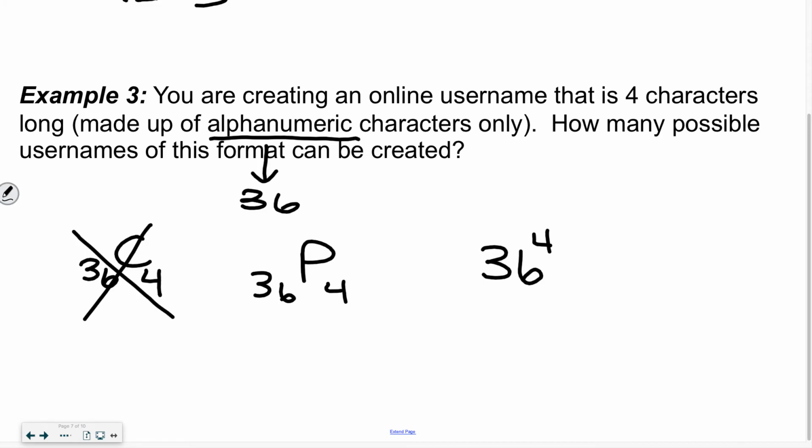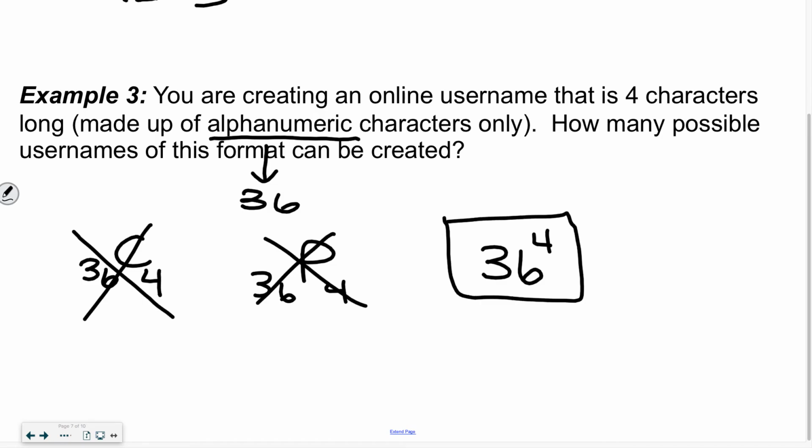Now, permutation, 36 items chosen 4 at a time, or 36 to the 4th. You could do the same. Are you allowed to have the same number or letter in your username? Yes. Most likely. So we don't want to choose 36, pick 4. That means 36 times 35 times 34 times 33.